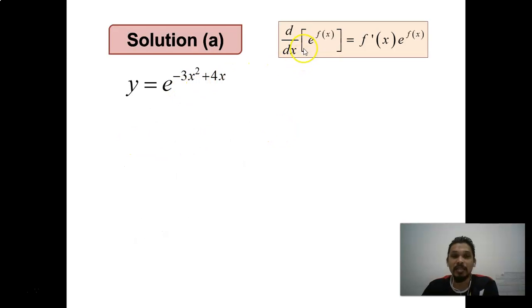Okay, so let's take a look at this one here now. This is in the form of e to the power of f(x). So differentiate this function with respect to x, equal to f prime x.